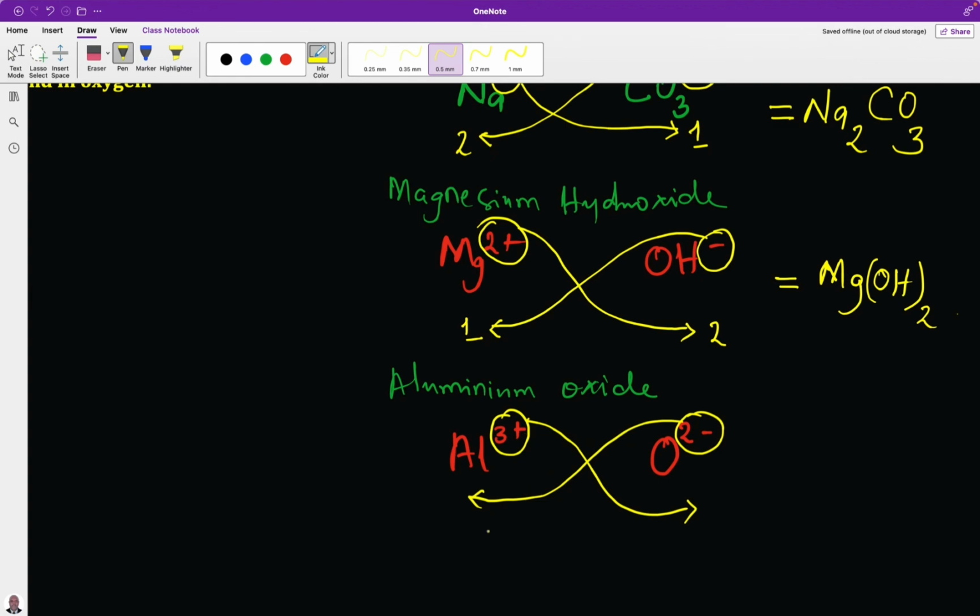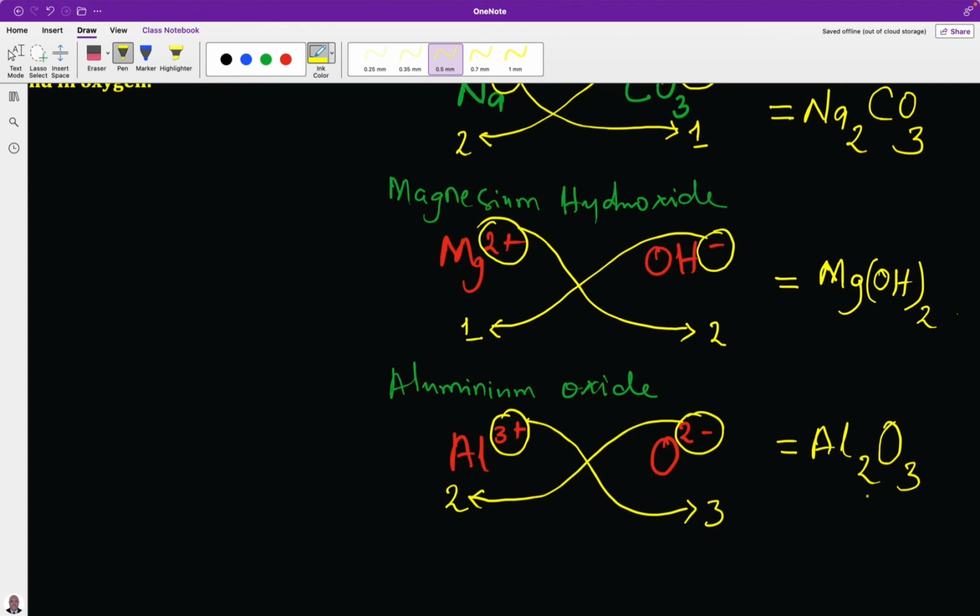Here we have 2, and here we will have 3. So in writing our formula, it is Al, there are 2, and O, 3. That is how you can do that.